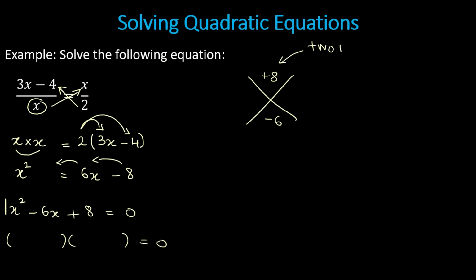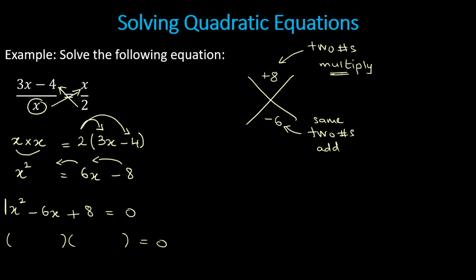We have to think of 2 numbers which, when we multiply, give positive 8, and the same two numbers add to negative 6. Let us think of these numbers. Let us take multiplication first.